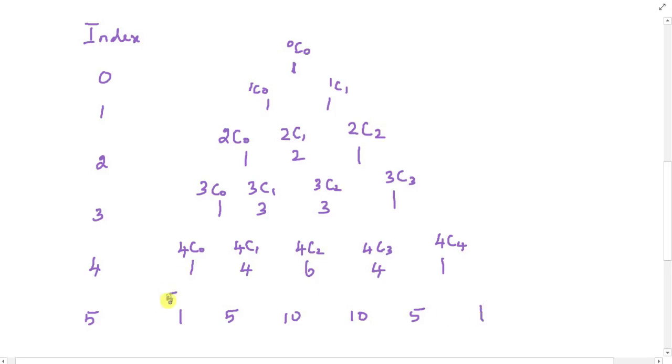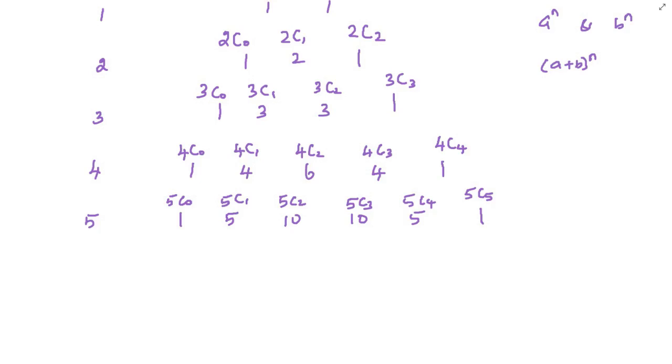This 1 can be written as 5C0, this 5 is 5C1, 10 is 5C2, again 5C3, 5C4, 5C5. So like this we can express the coefficients of the terms in between a power n and b power n for any value of n for the binomial expansion (a + b) whole power n.